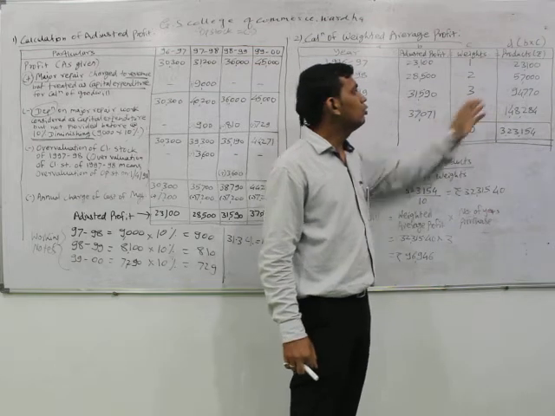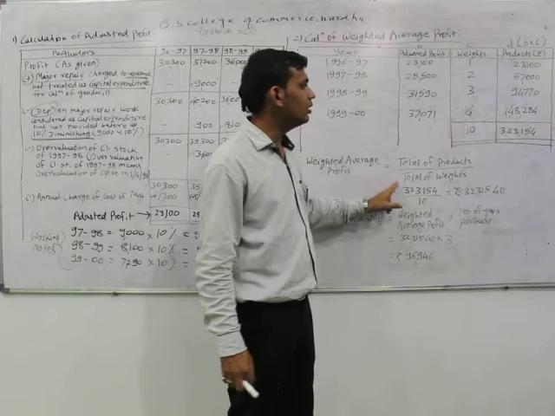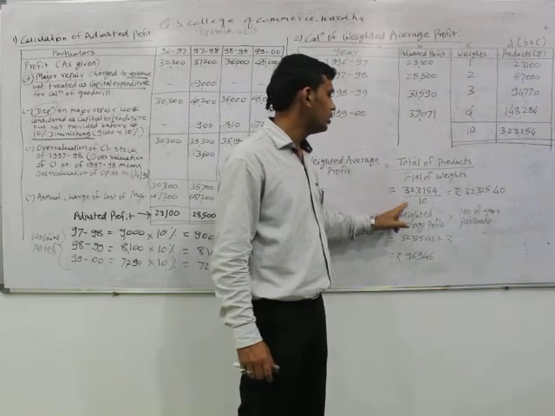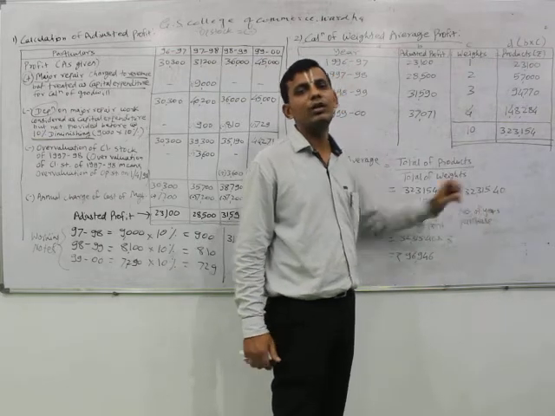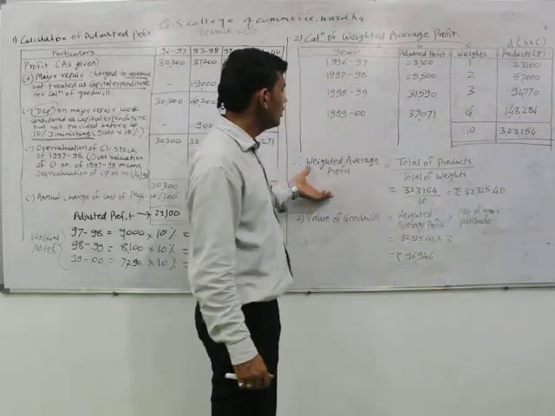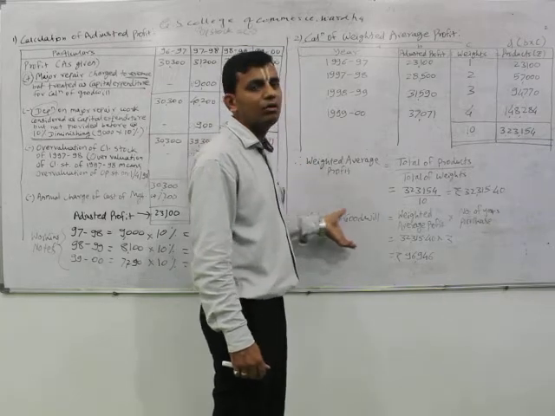That was total of products divided by total of weights. That is 3,23,154 divided by 10, which is equal to 32,315.4.